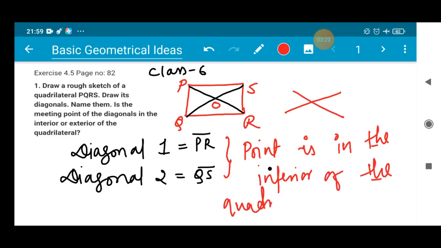What is the name of the quadrilateral? The name of the quadrilateral is PQRS, and the point where these two intersecting diagonals meet is inside the quadrilateral, acting as an interior point. I hope you people understood the basic fact.